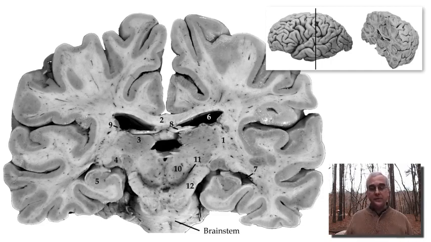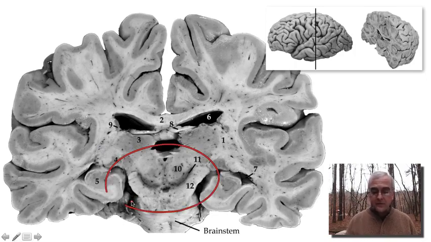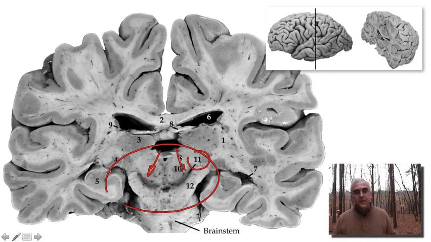Here, just to highlight a little bit of neuroanatomy, we have a cross-section through the forebrain, as illustrated in the upper right of this slide, which shows you about where we're looking. And I want to draw your attention to the center of this slice. You'll notice labeled number 11 here, we have this dark substance which sits in the midbrain. And that dark substance is, in fact, the substantia nigra, which of course is Latin for dark substance.